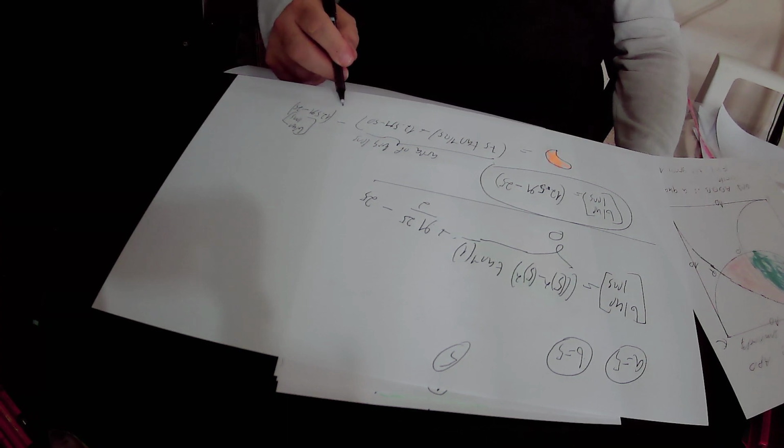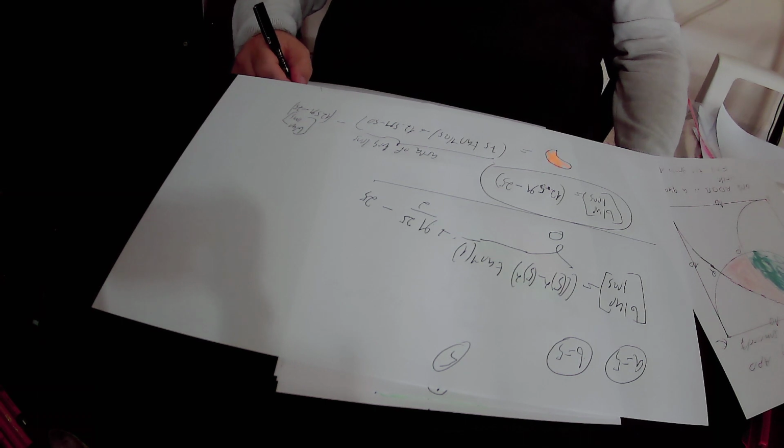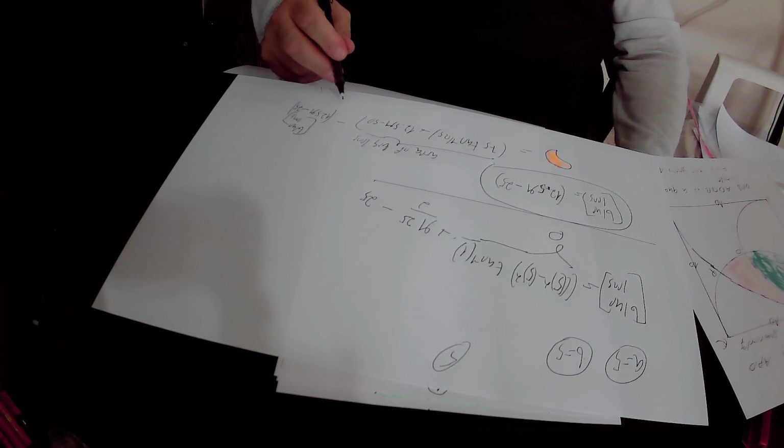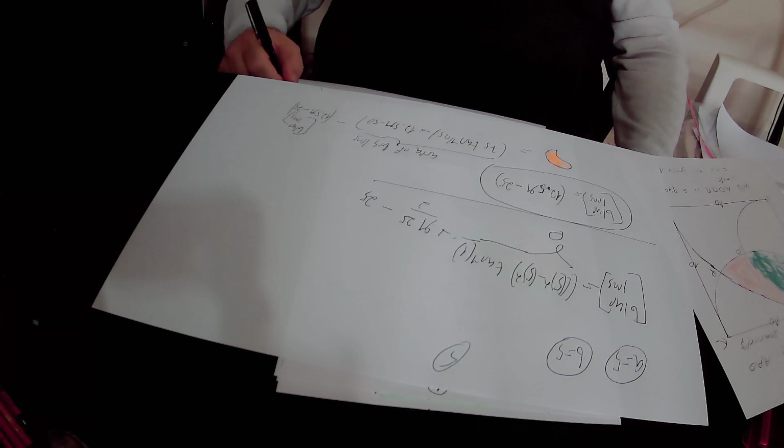We'll open the bracket here, so it will be minus 12.5 pi, minus and minus is plus, so it is minus 25 is plus 25.